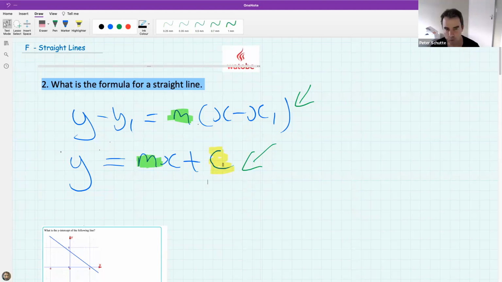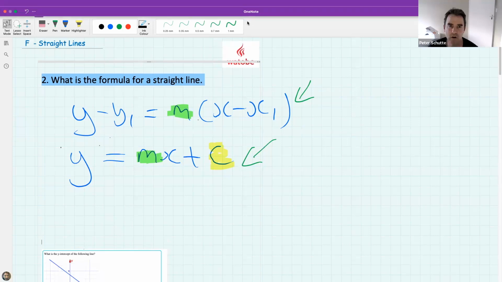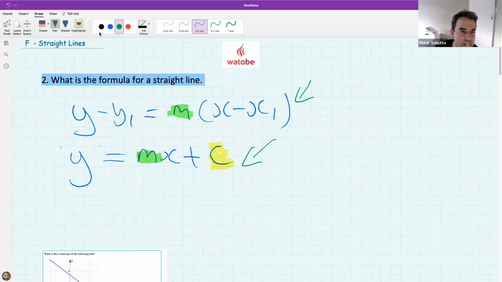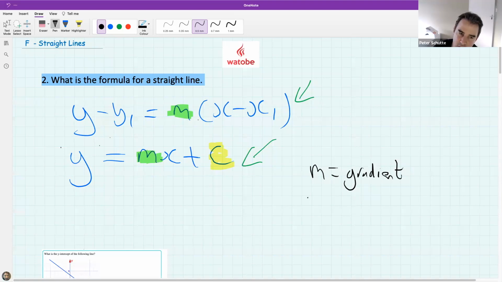Does anybody know what those things stand for? Let's unmute Togotso. So the M is for the gradient and the C is for the y-intercept. Okay, so the M is for the gradient and the C is for the y-intercept.